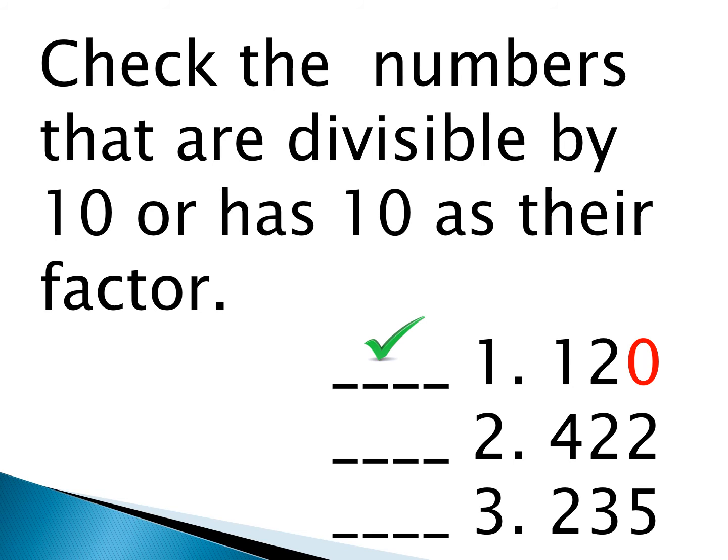So, tatlong number na nasa 1, 2, 3, number 1 ang divisible by 10. Dahil ito ang nagtatapos or ang nasa hulihan ay 0. So, kapag 0 ang nasa hulihan, yon ay divisible by 10.